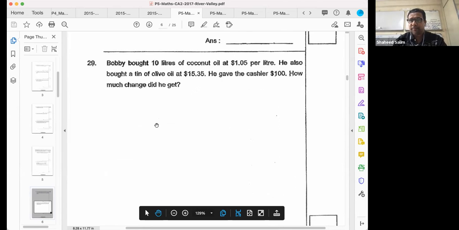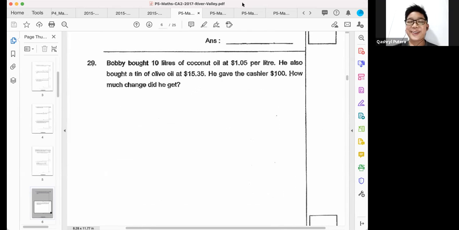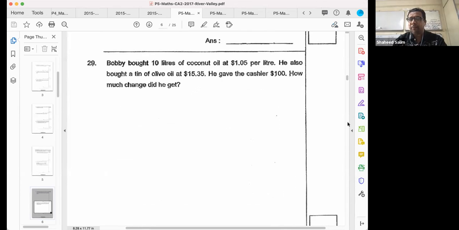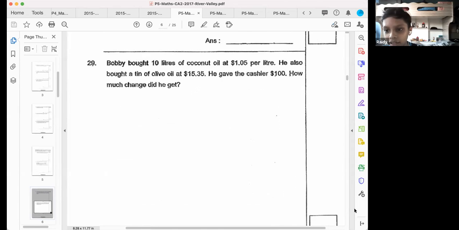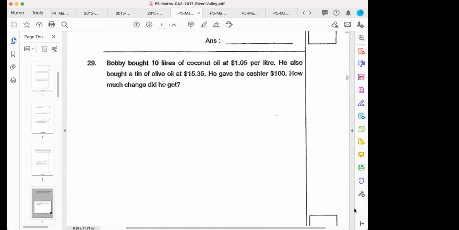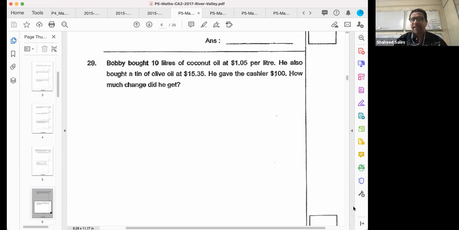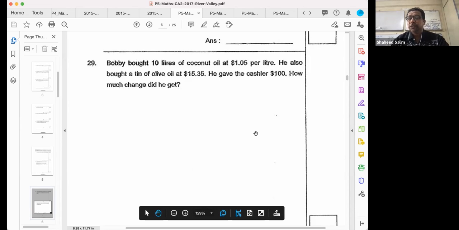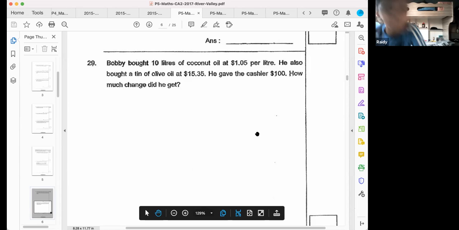Why does Raidi look so different? Because he has a new haircut and he is what we call handsome now. You can call him handsome. I still have the same hair. Wow. You had a haircut, is it? So long as you don't go for a head cut. Head cut is different from a haircut. Shalina, you look a little still.